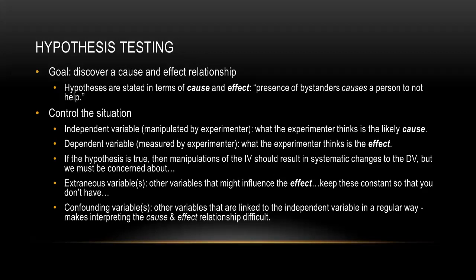So let's just say, for example, if 25 participants experienced the no bystander situation, what percentage of that 25 actually stopped to help? And if there were another 25 people who experienced, let's say 15 bystanders, what was the total percentage of that group that actually stopped to help? And I would probably expect to see that the rate of helping was lower for the group of people who had the greater number of bystanders.